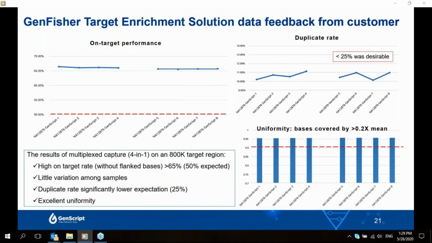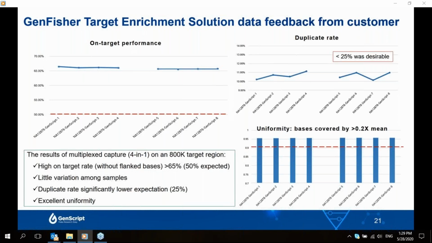In this case, 4 libraries were mixed in one capture. The top left figure shows the on-target performance. Our panel stood at around 65% non-padded on target, comfortably exceeding the 50% on target our customer expected.